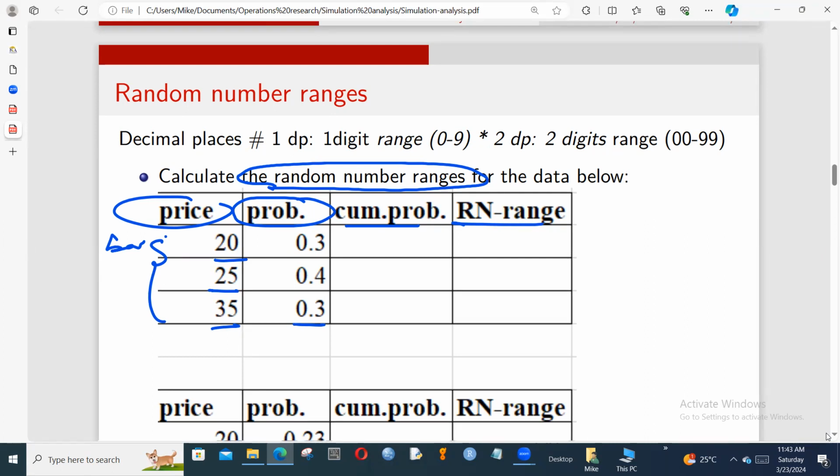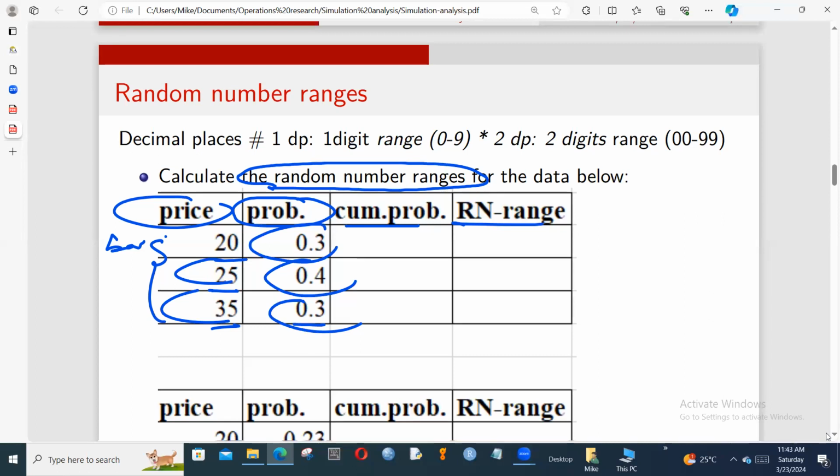The proportion of those shops is maybe 0.3, or 30% of shops sell at that price, 40% sell at that price, and 30% sell at that price. And you want to set up yours, or venture into that business of selling buses, and you may want to determine the price you want to set. So this could be a simulation kind of model.